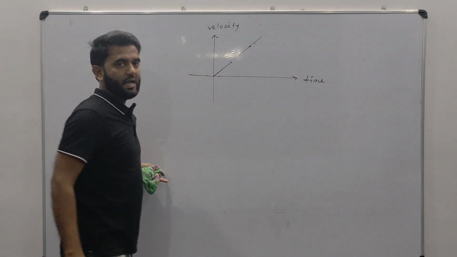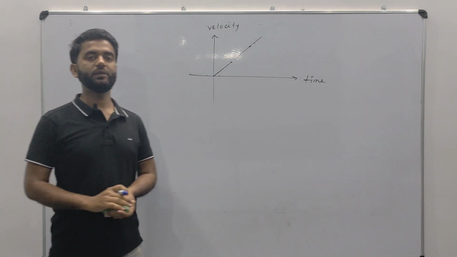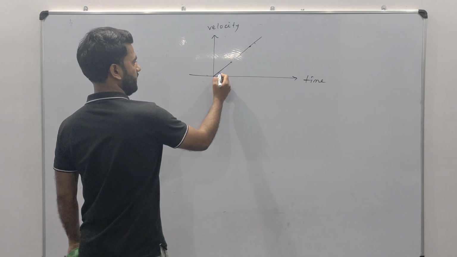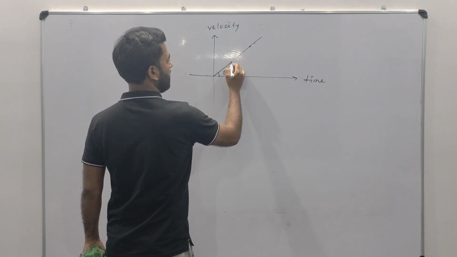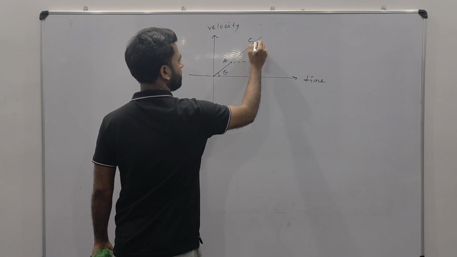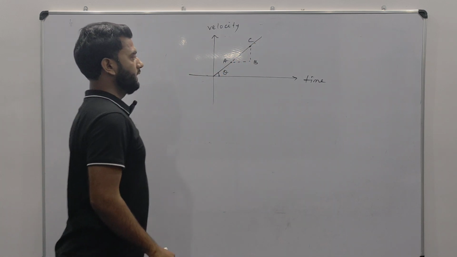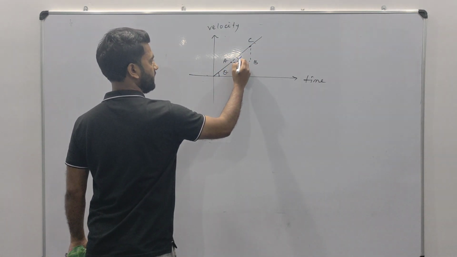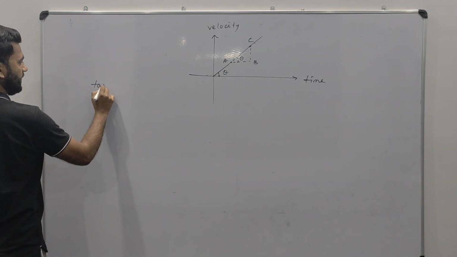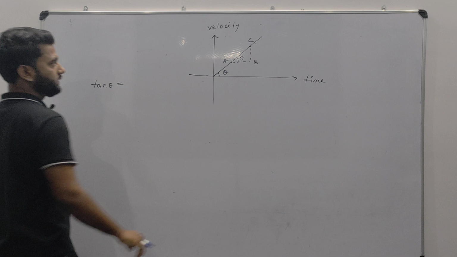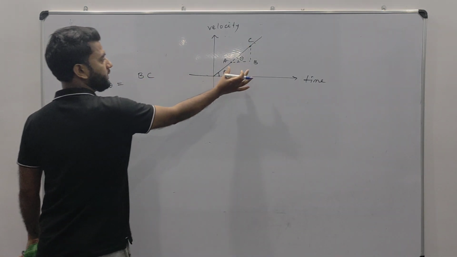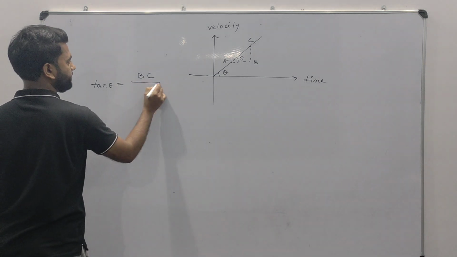We all know acceleration is equal to change in velocity by change in time. Now consider the angle being theta and the triangle being ABC. So tan theta is equal to the change of the y-axis, that is BC, by the change of the x-axis, that is AB.